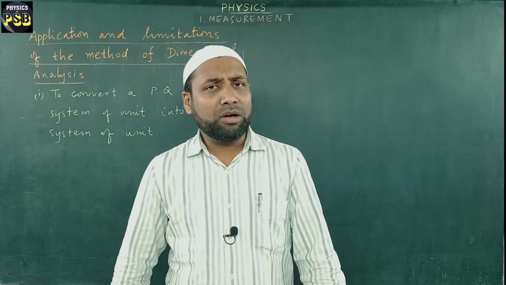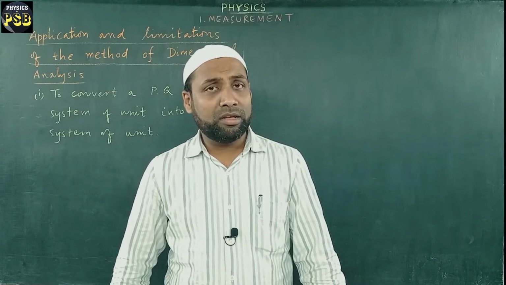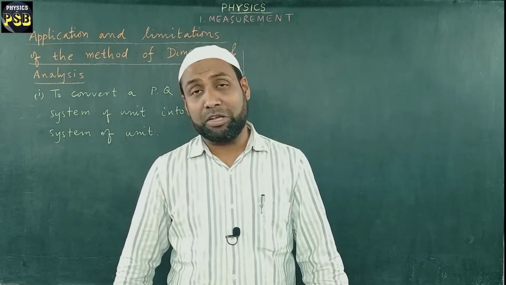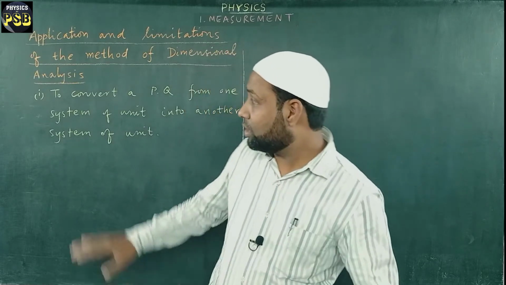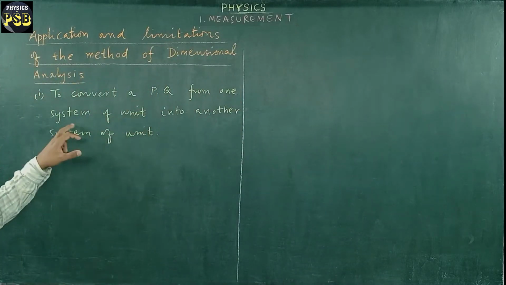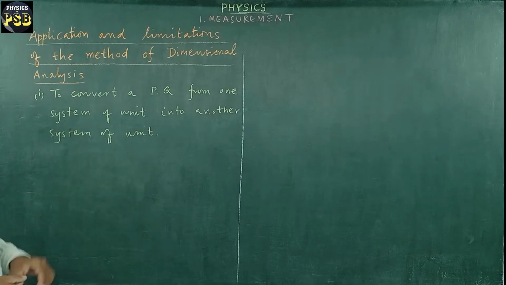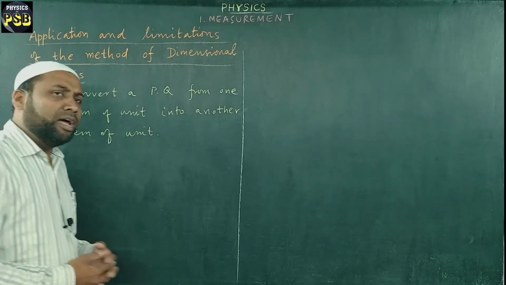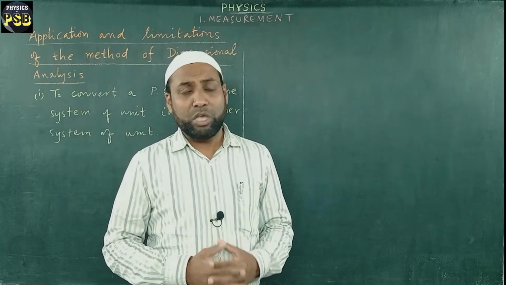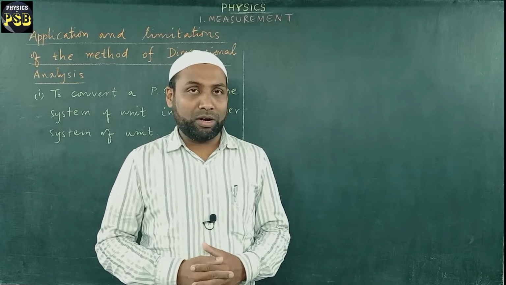When we talk about the applications, dimensional analysis has three applications. One, it can be used to convert a physical quantity from one system of units into another system of units. Second, it is used to check whether a given equation is dimensionally correct or not.